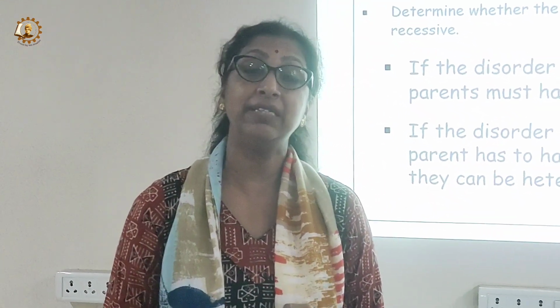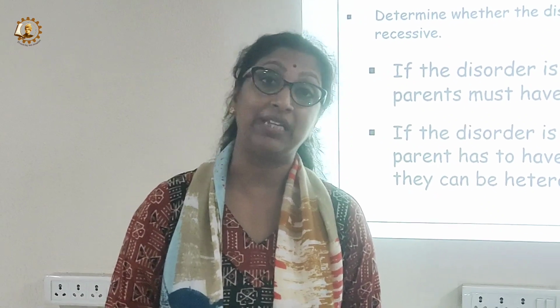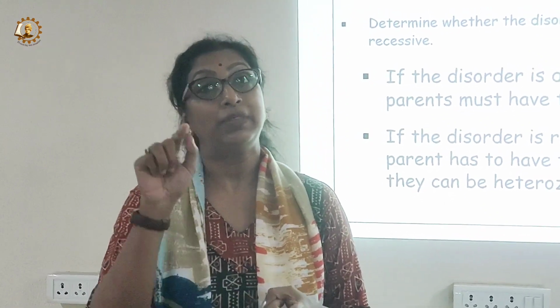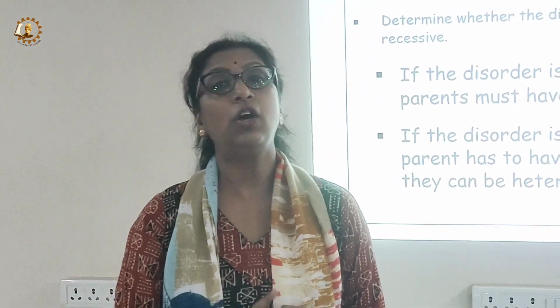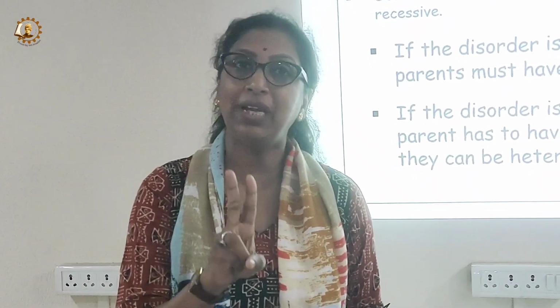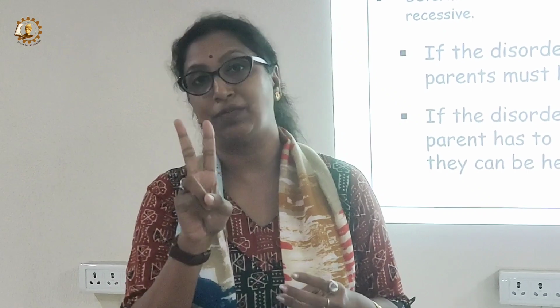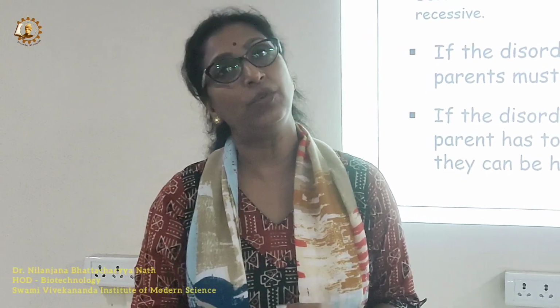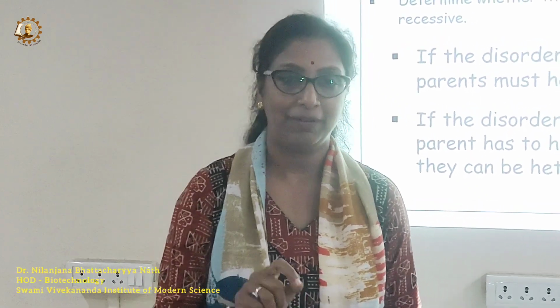The second option is that both parents are heterozygous, so any one of the children may receive the recessive allele from both parents. Then he or she will be an affected individual.